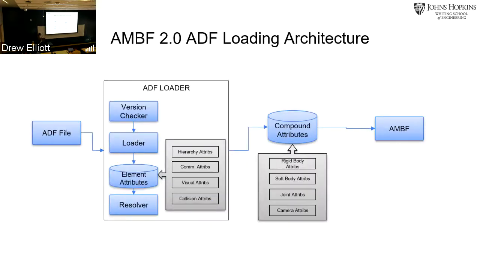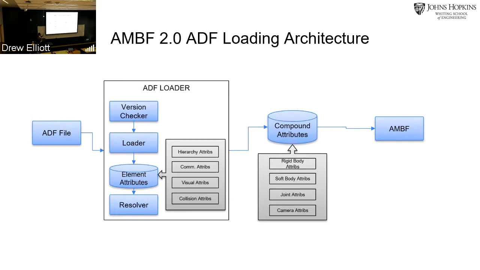This has been cleaned up with the dynamic ADF loader, which checks for the version, and then it extracts all the elemental attributes. So the elemental attributes are the most basic attributes that cannot be subdivided. These could include hierarchy, communication, visual, collision, and things like that.